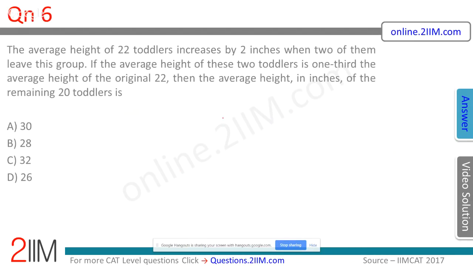This is good. Average height of 22 toddlers increases by 2 inches when 2 of them leave the group. So 22, we have x, 20 equal to x plus 2, average. The average height of these 2 toddlers is 1/3 the average height of the original 22. Then the average height in inches of the remaining 20 toddlers is, so 20 into x plus 2 plus 2 into x by 3 equals 22x.